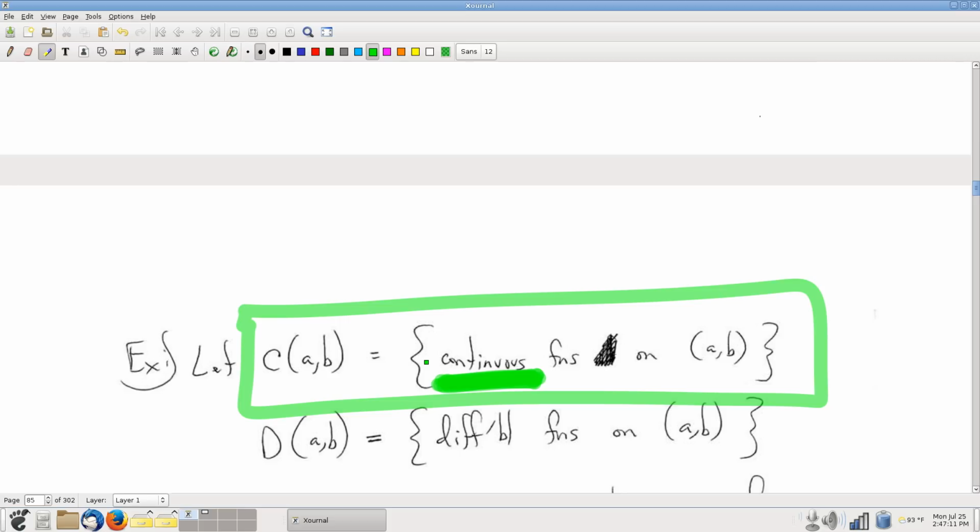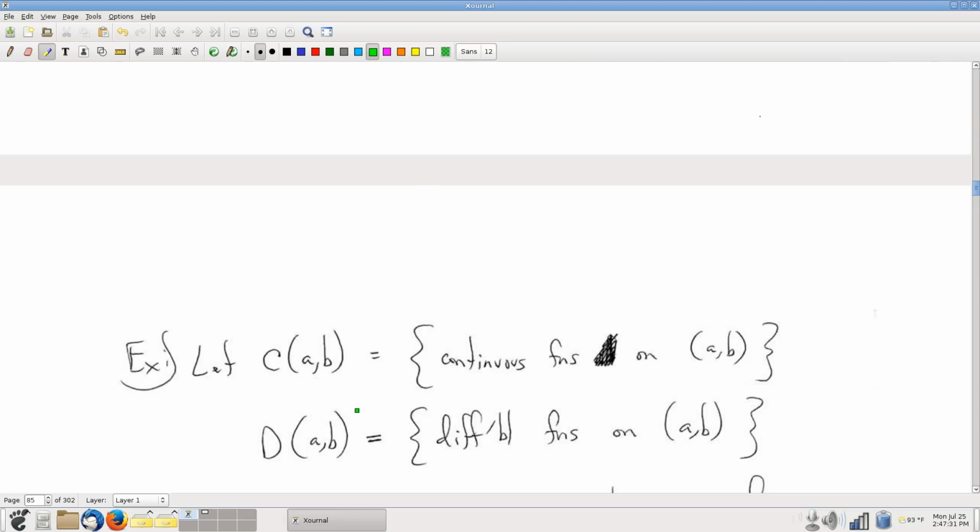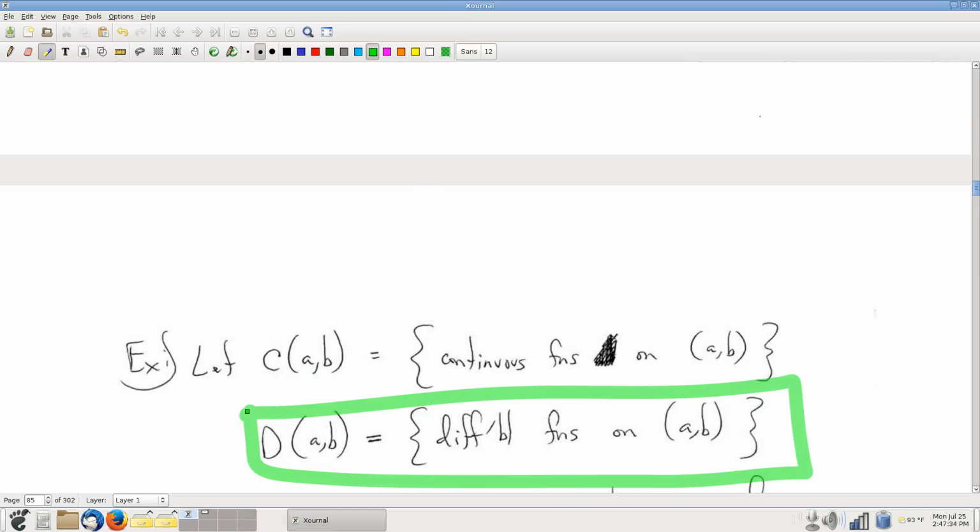So, by those old single variable calculus facts, this set here is closed under addition, it's closed under scalar multiplication, it's a subset of a known vector space, therefore this is itself a vector space, and it's a vector subspace of capital F. Likewise, B, the collection of differentiable functions, and we have some similar facts from single variable calculus.